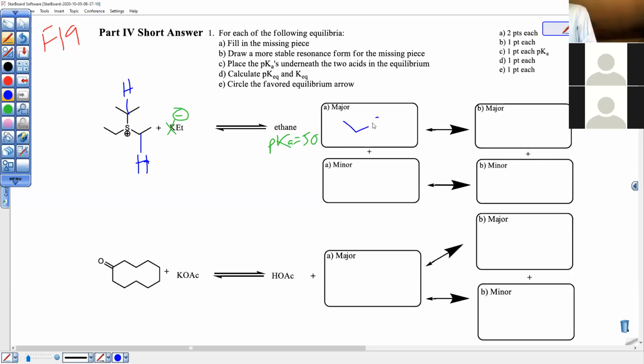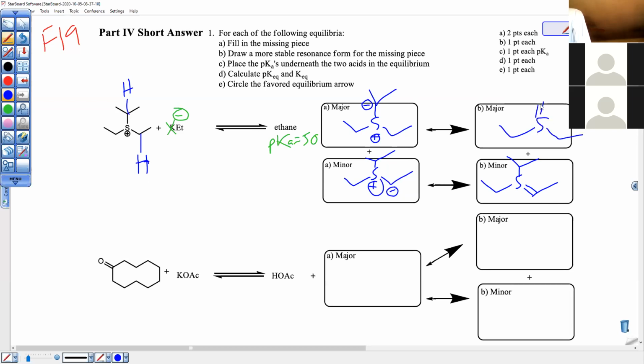But the original product that I like for my major will be this one, the H missing there, and the minor the H missing there. Resonance forms, and yes, sulfur can handle this. I like that resonance form better without the charges.